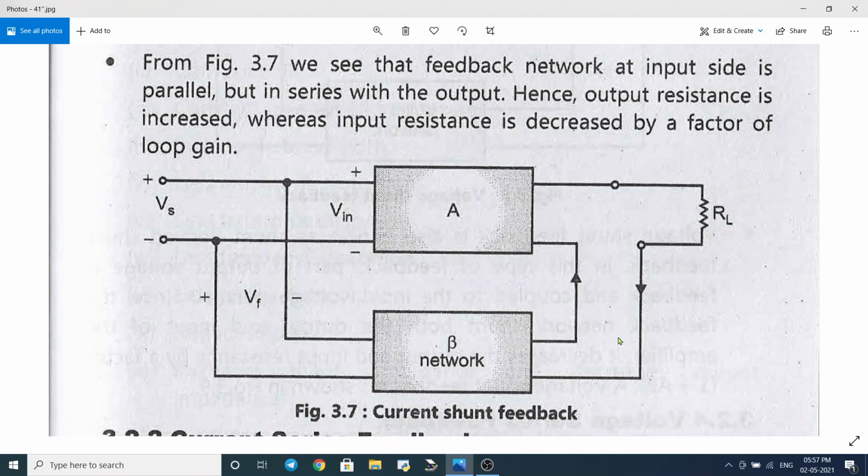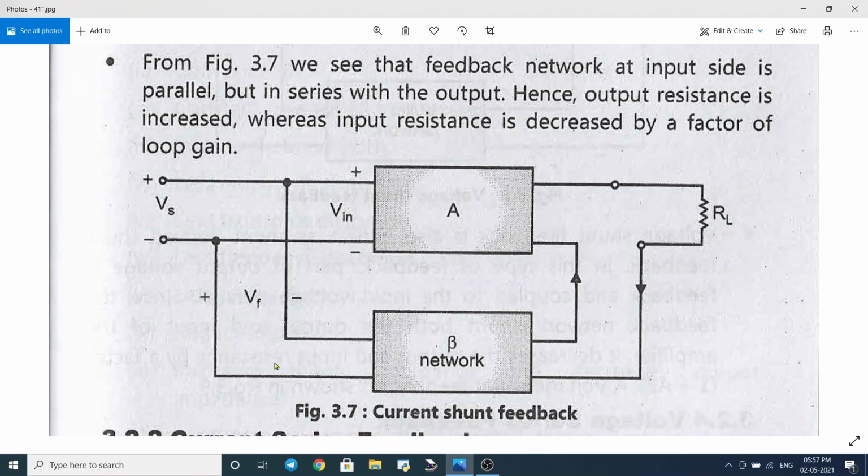On the type of sampling, the load current will flow through RL and it goes into the feedback network. So the load resistor and feedback network come in series. This type of representation is series representation, and this type of representation is parallel representation. So the feedback voltage is proportional to the load current rather than the load voltage. So this is called current feedback.